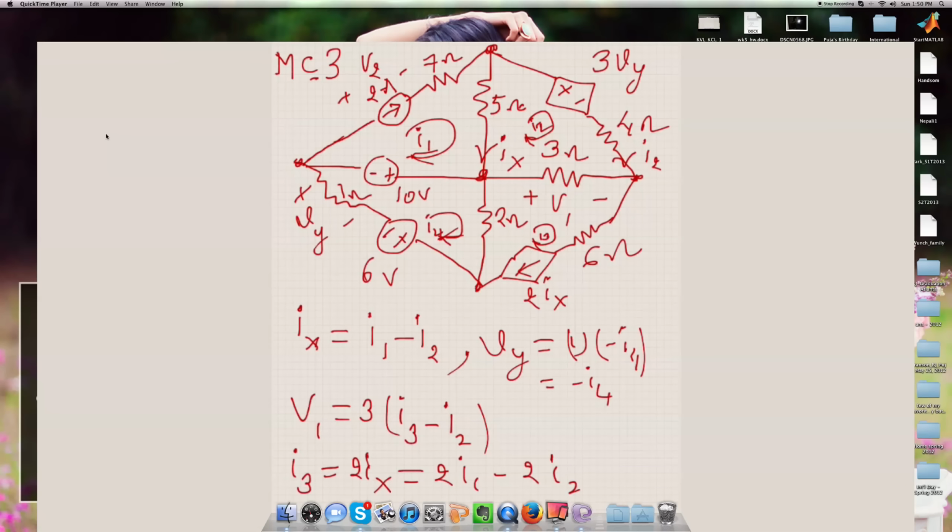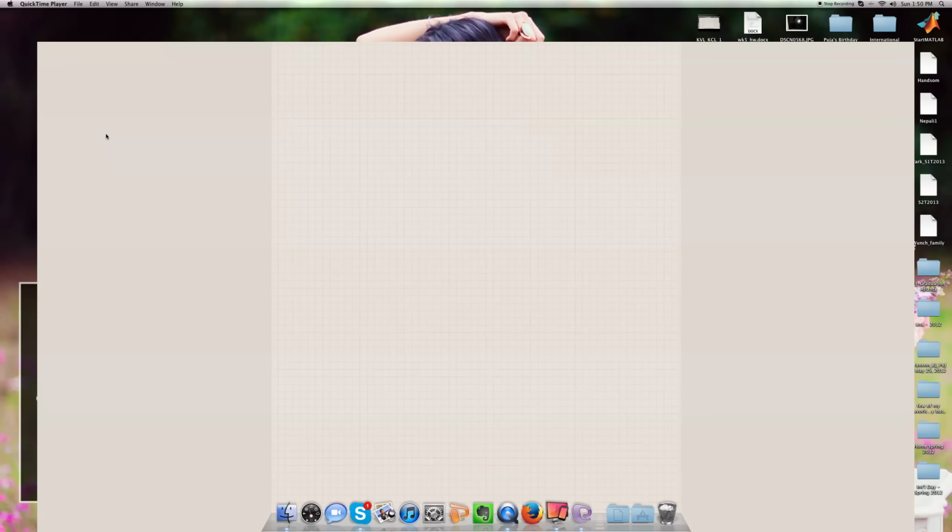So we can simplify this, such as 2I1 minus 2I2 minus I3 equals 0, right?